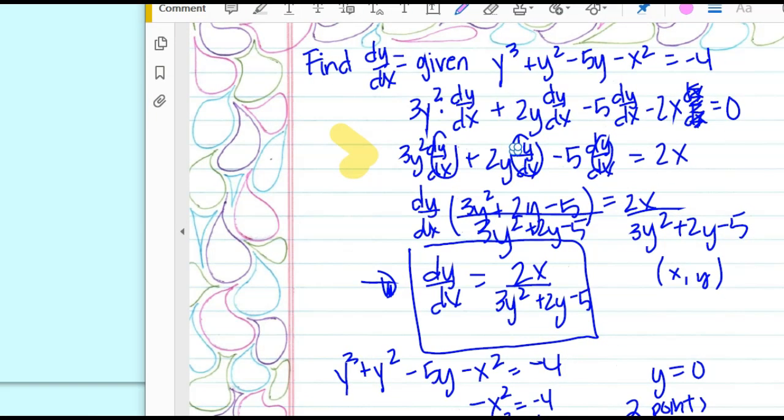So we've got taking the derivative of y cubed and y squared and y. It's not just y equals. Each one of these has a dy dx. So y cubed has a dy dx. Y squared has a dy dx. Y has a dy dx. So every time you take a derivative of y with respect to x, you're going to have to write dy dx.